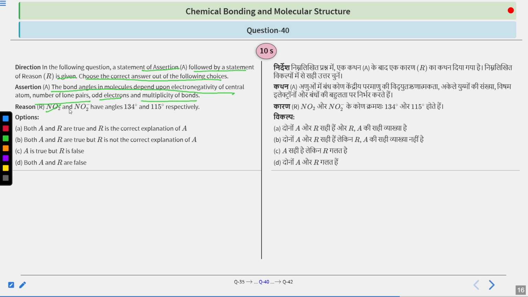Reason: NO2 and NO2 minus have angles 134 degrees and 150 degrees respectively. Your options are: A. Both A and R are true and R is the correct explanation of A. B. Both A and R are true but R is not the correct explanation of A. C. A is true but R is false. D. Both A and R are false. So you have 10 seconds to solve this question. Your time starts now.